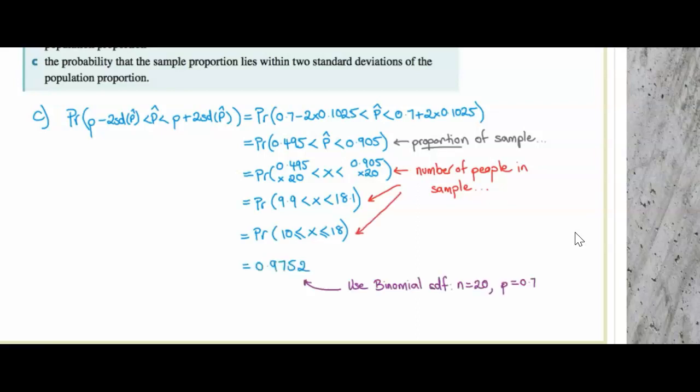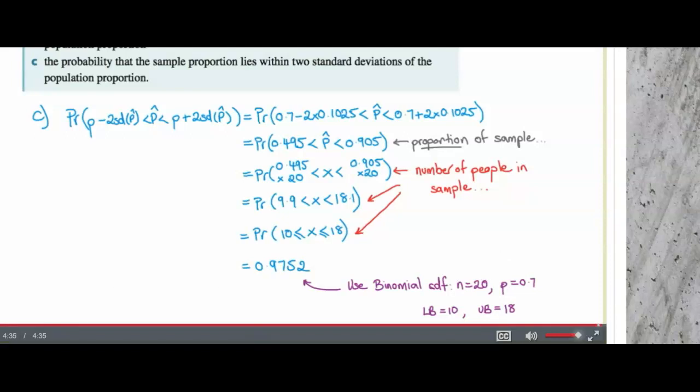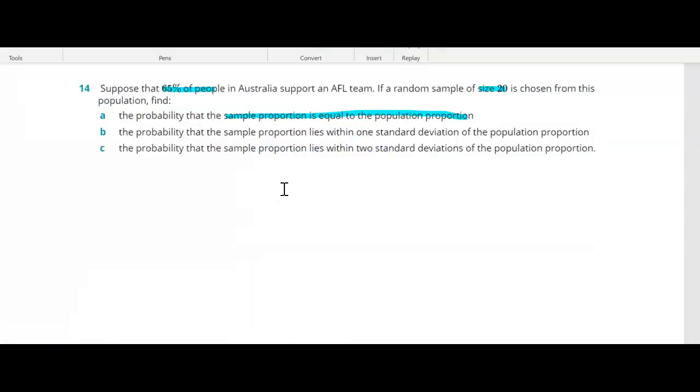Again, we go to our binomial distribution to work this out. We set the sample size as 20, the probability of success as 0.7, lower bound 10 and upper bound of 18, and we get an answer of 0.9752.